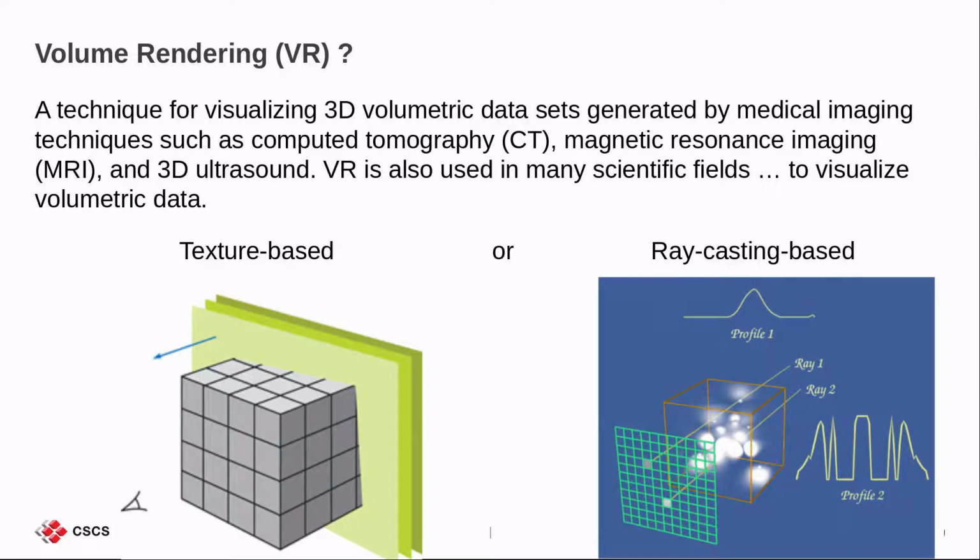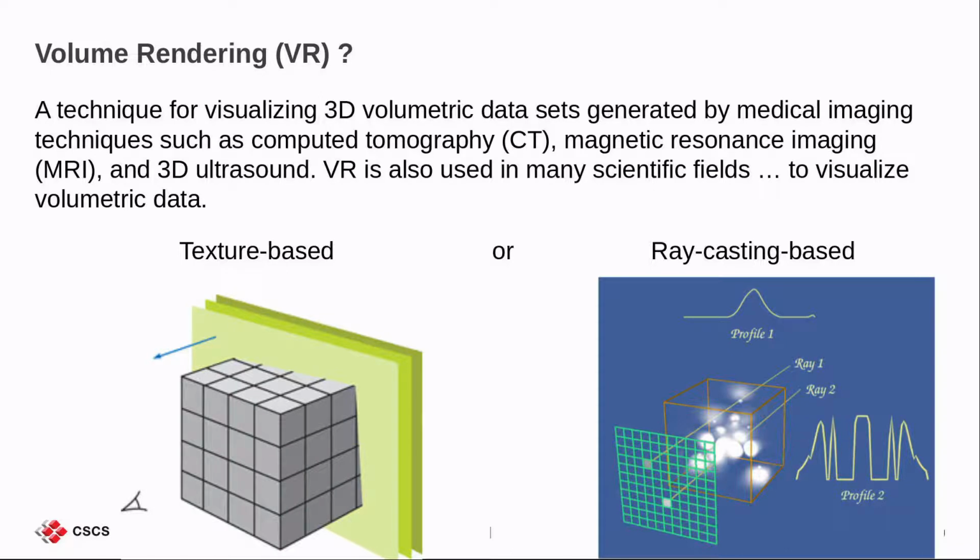Our first showcase is about volume rendering with ray tracing, and it's really raycasting because we launch rays through the volume, and we accumulate a certain color and opacity through a volume of a scalar field using what we call raycasting. Now, raycasting and volume rendering can be done in two different ways.